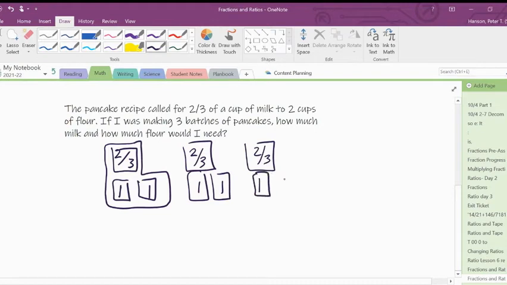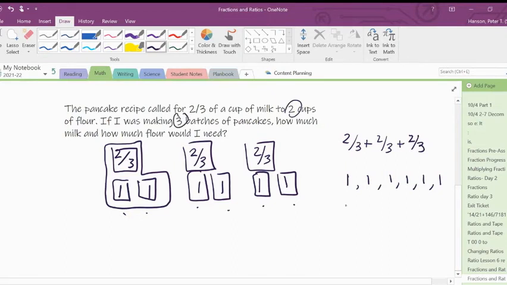1 and 1, right? I can see that I have 2/3 plus 2/3 plus 2/3. I can see that I've got 1, 1, 1, 1, 1, and a 1, right? So I've got 6 ones, which is really the same as if I looked at my 2 and my 3 and multiplied them together. So this is really the same as 3 groups of 2.